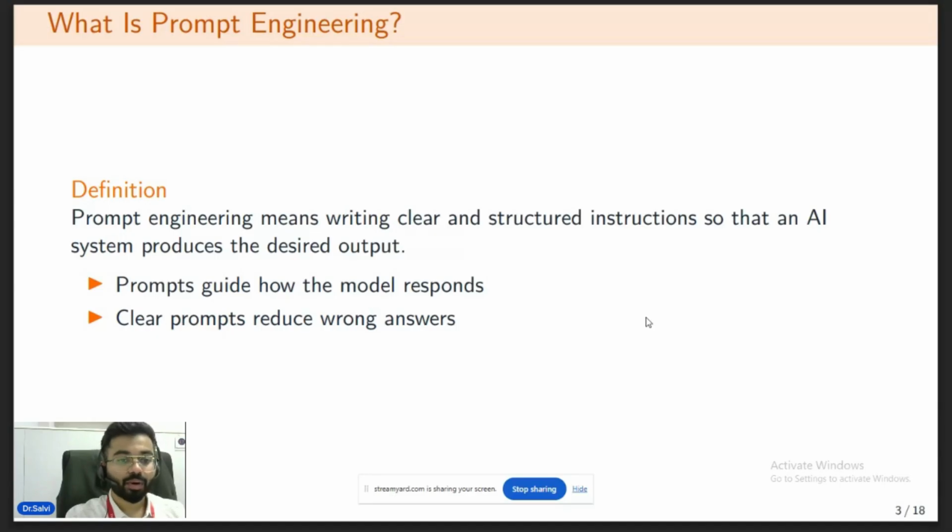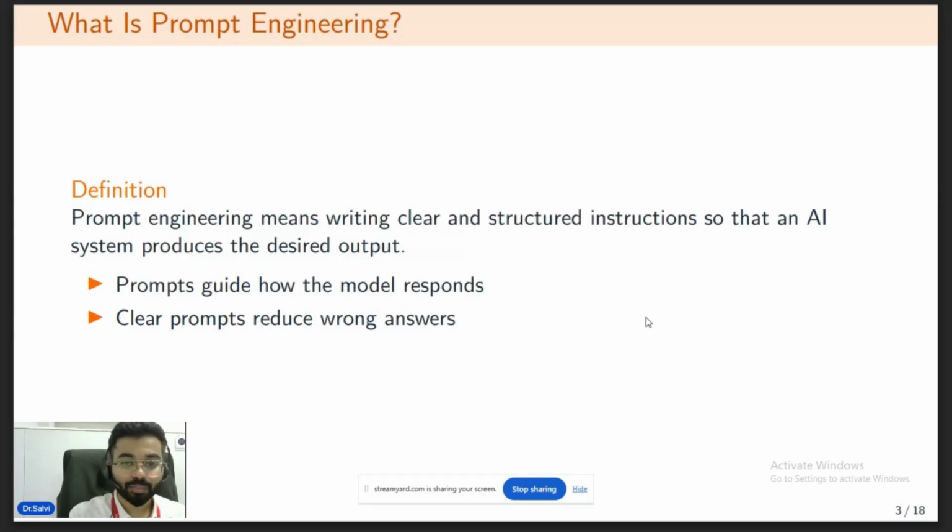Secondly, clear prompting helps us reduce the wrong answers that we get, because whenever we write prompts, they will always give us some output. But gone are the days when we only talked about output delivery from ChatGPT.